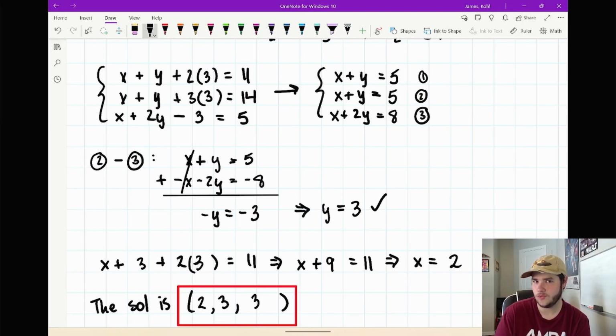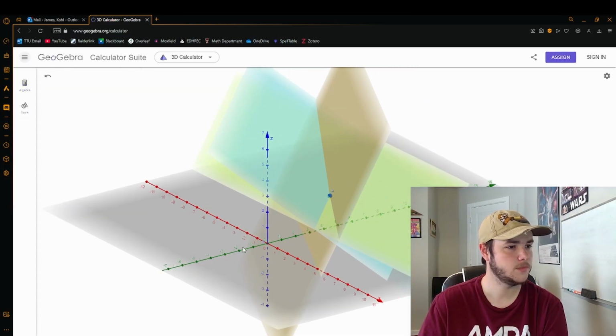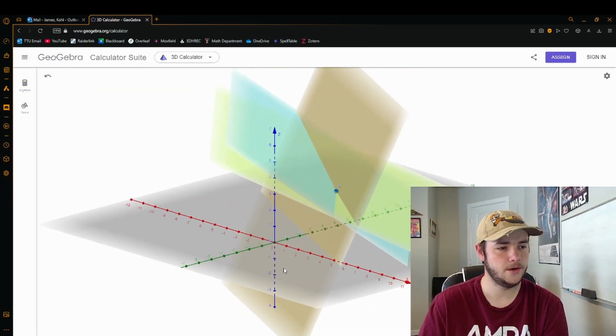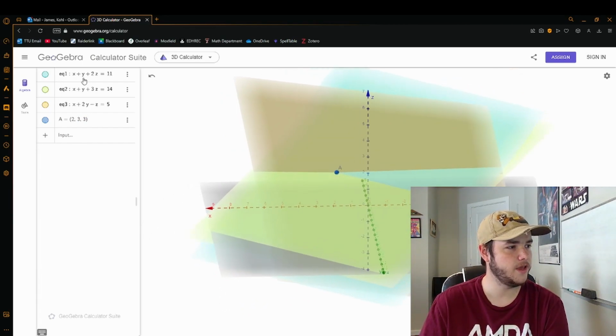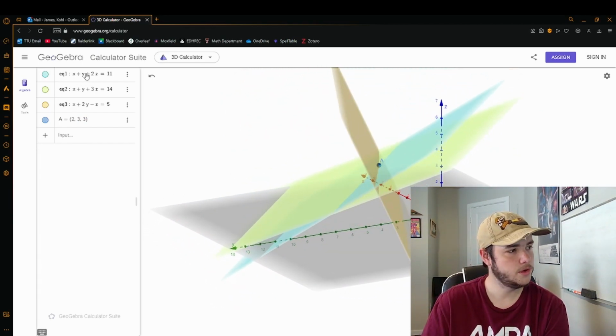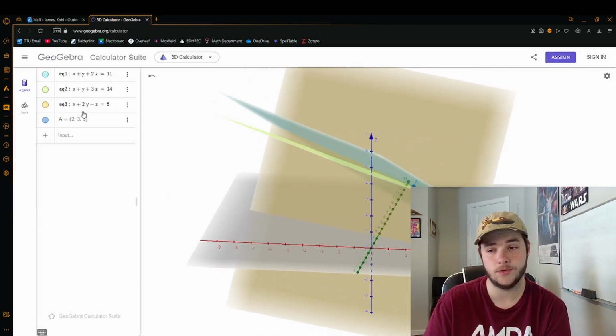But what does that look like in the context of that weird 3D picture we were looking at? Well, let's take a better look. So here, you'll notice I have sketched the graph of equation 1 in blue, equation 2 in green, and equation 3 in this gold color.